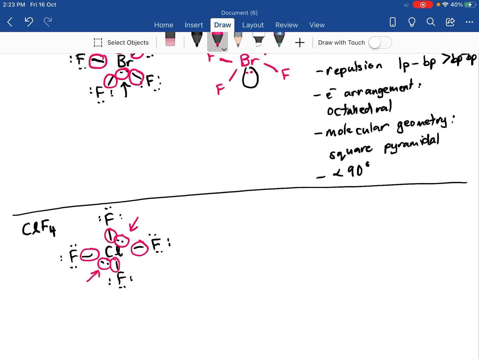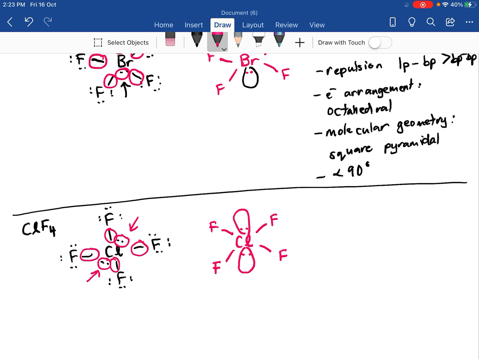So of course you will have a different molecular geometry for this molecule. It will take the shape of square planar. So we are going to draw square planar like this.